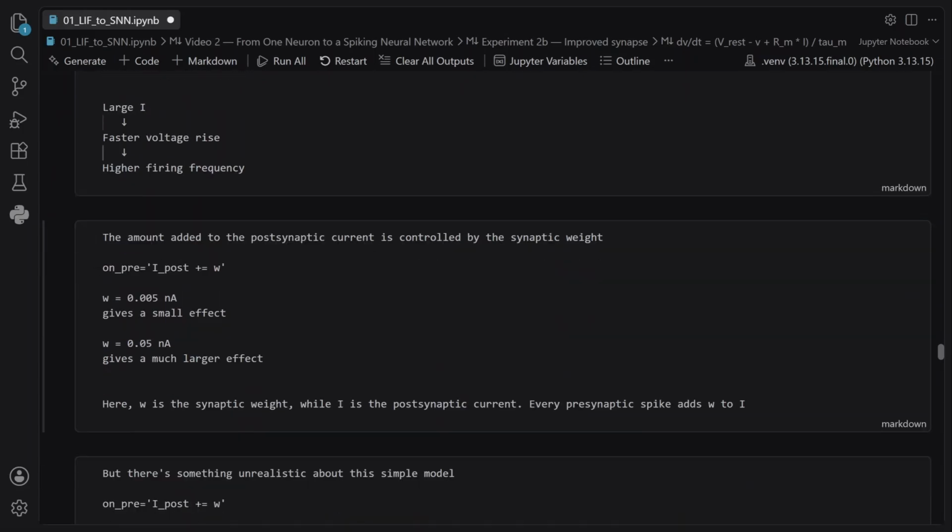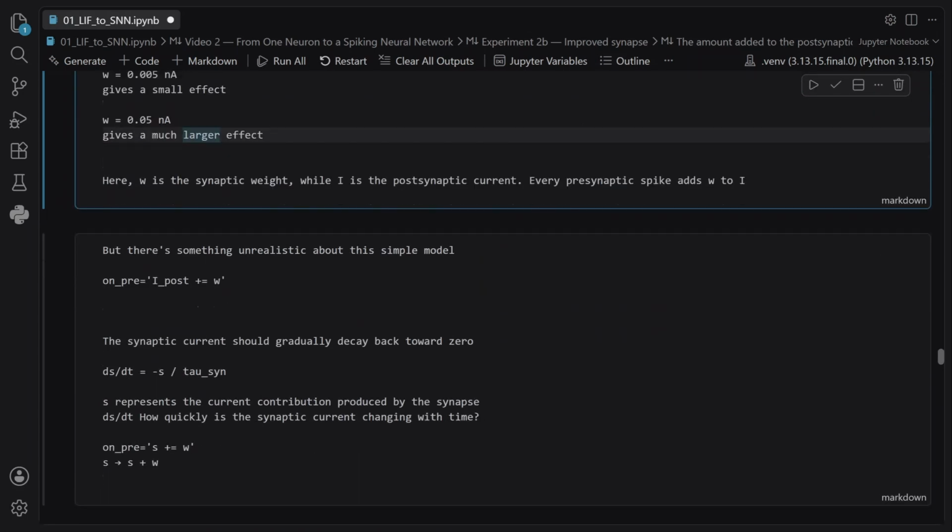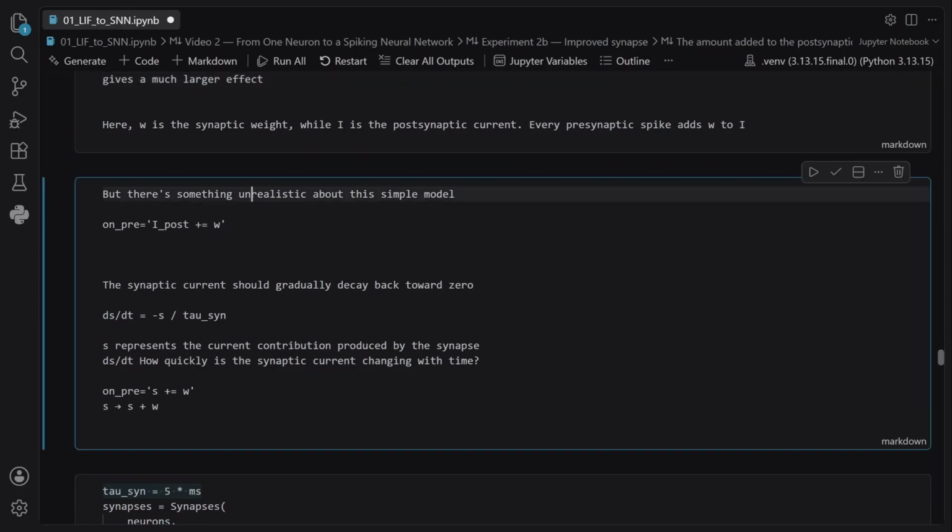The amount added to the postsynaptic current is controlled by the synaptic weight, W. We wrote this equation last time. Whenever the pre-neuron spikes, the postsynaptic neuron has some unit added to it along with its weight. So when you have a small weight, you have a small rise, a large weight, a larger effect, right? But the problem is, it's very unrealistic. It is never reducing, never decaying, never resetting.